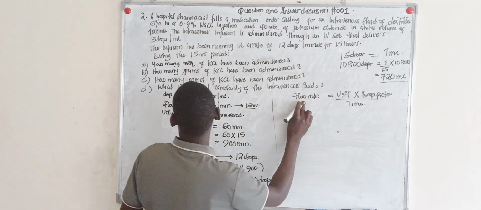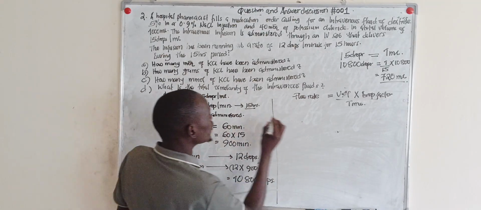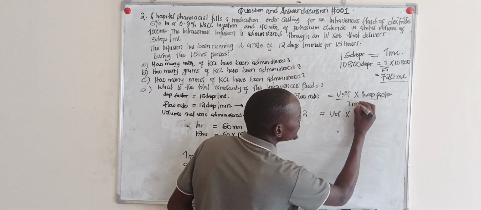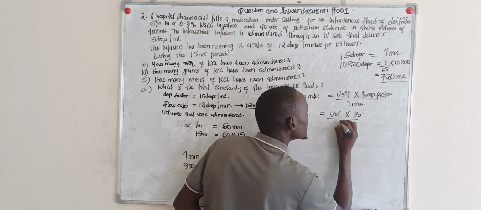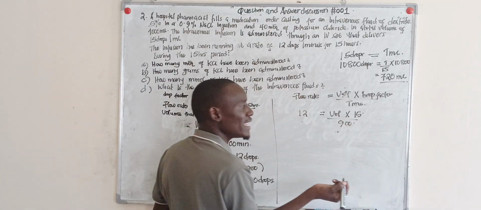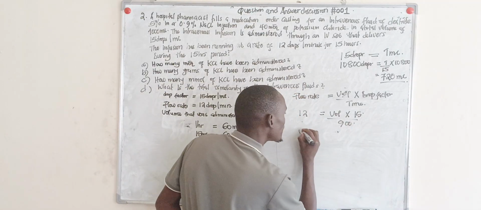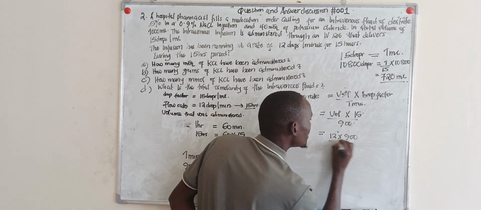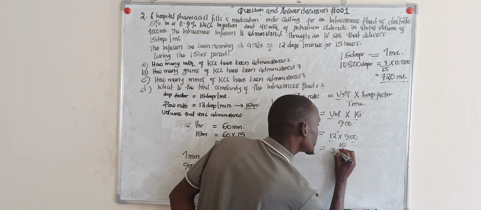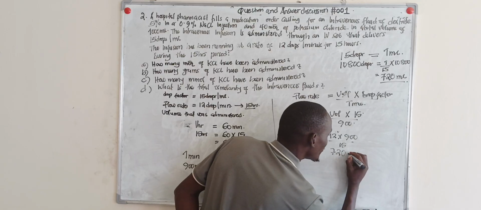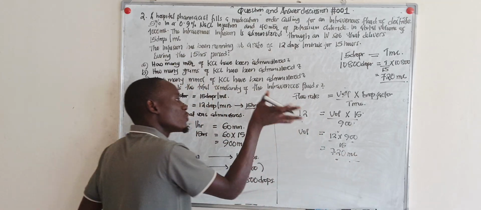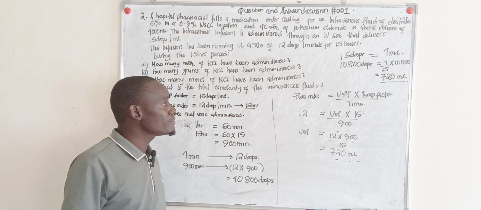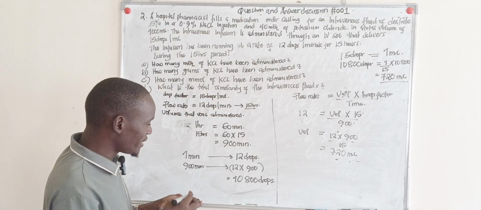So we know that flow rate is 12, which is equal to the volume we are looking for times drop factor, which is 15, divided by the time which we have gotten as 900 minutes. So our volume will be equal to 12 times 900 divided by 15, which will still give us 720 mL. We are going to cover the topic of flow rate in the next lectures, so don't miss it out. You will know when it is out.